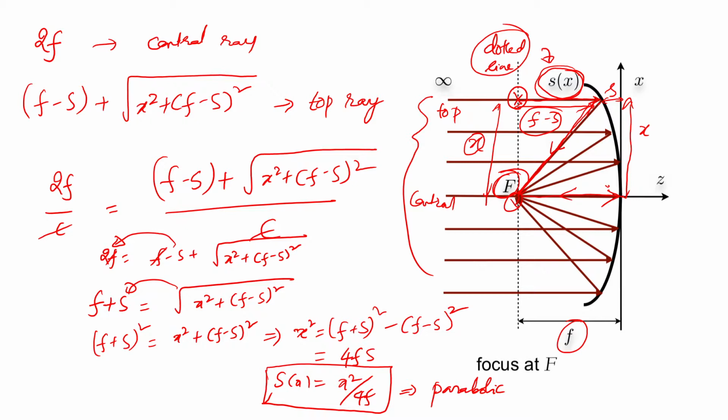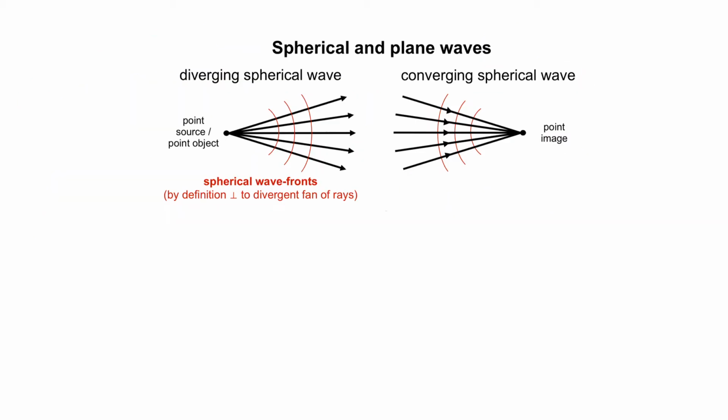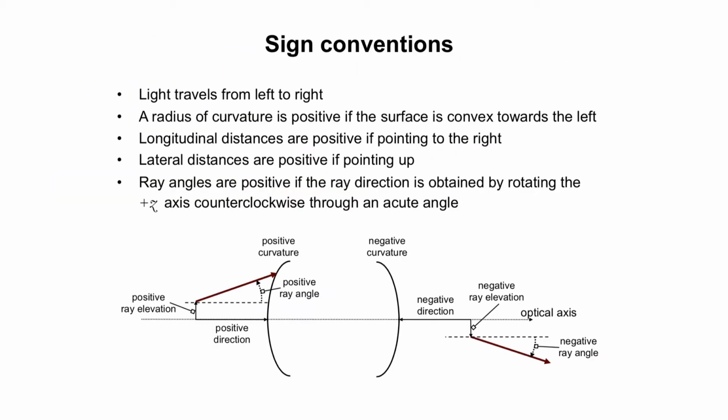Okay, so before we go on further, let's establish some sign conventions. We always consider that light travels from left to right when we are discussing lenses and optical elements. If you remember this, you can always go back and think about whether a particular sign convention is right or not.